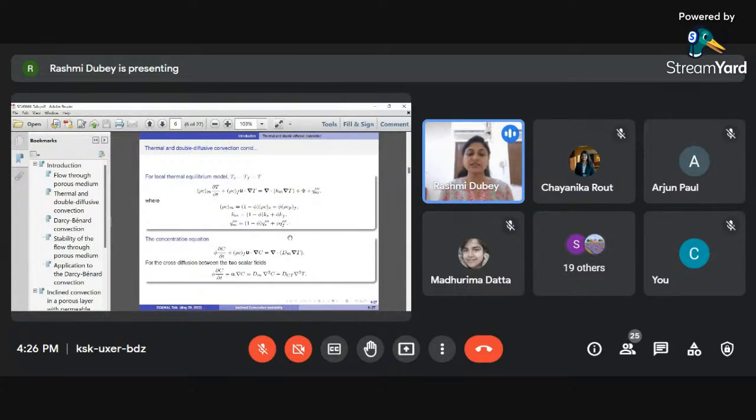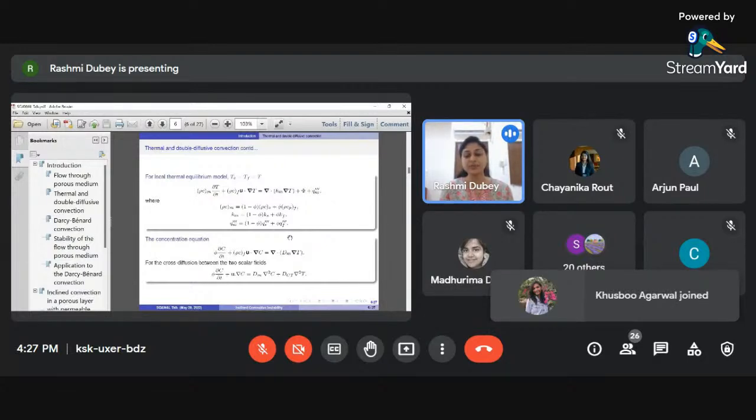And the last one is the concentration equation. When we have a multi-component system, with more than one scalar component, temperature, when we discuss the thermal field, is a scalar component, unlike the velocity field.